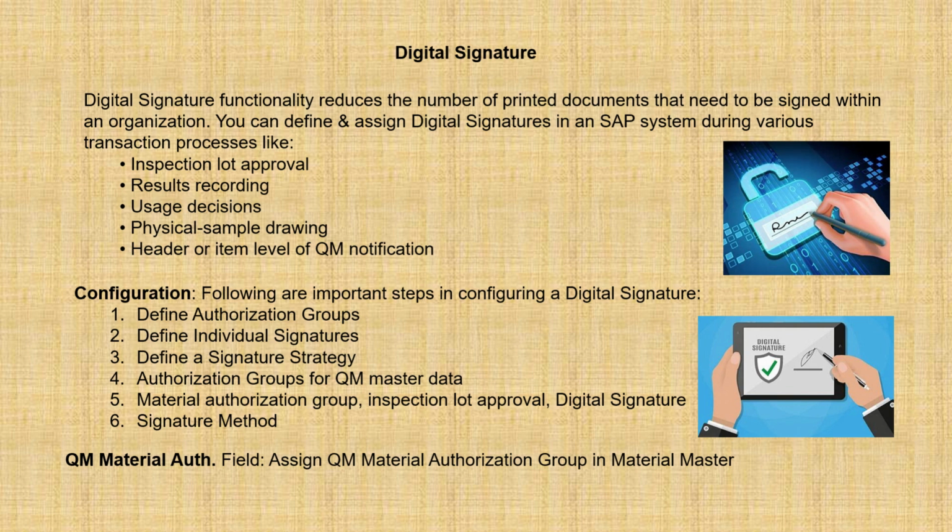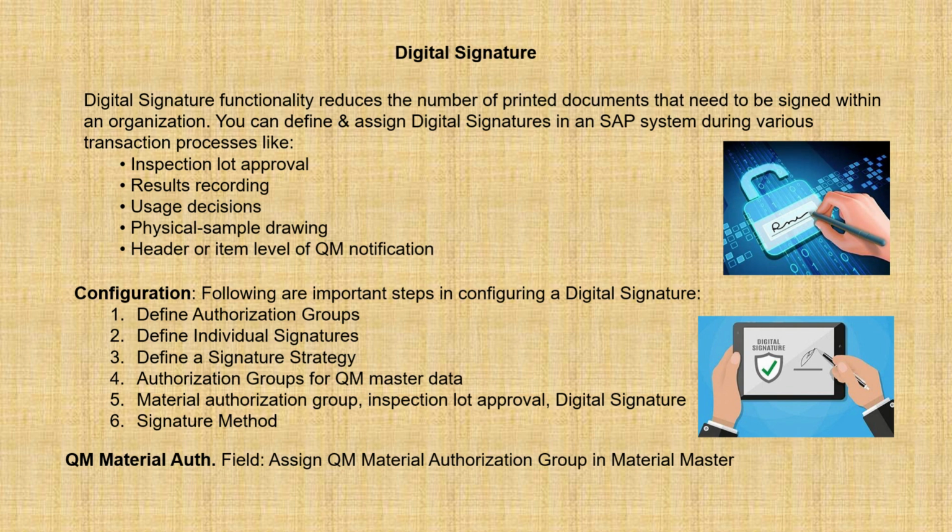In this case, we need the help of the Basis team to do the required configurations. We need to create the authorization group and the individual signatures coming under that particular authorization group, because it is possible that a group of people are accessing the same transactions, and we can create the signature strategies.